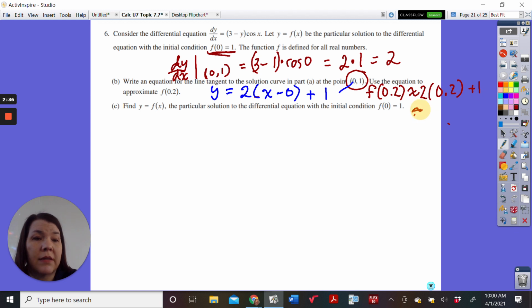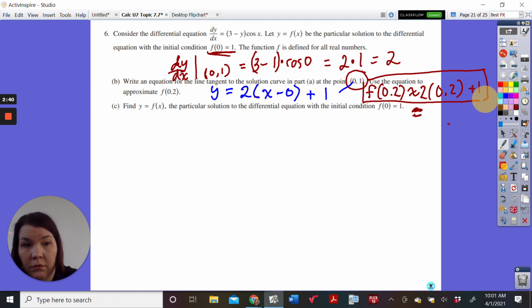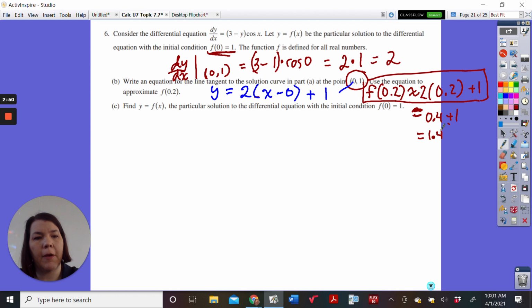So that's equal to 0.4 plus 1, or 1.4. Okay, so you can stop there. You do not need to go all the way to 1.4 at all. I go to 1.4 so I can see if it's right when I look at the solution guide.